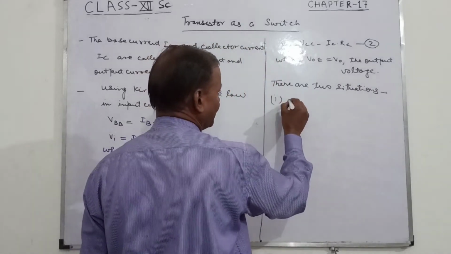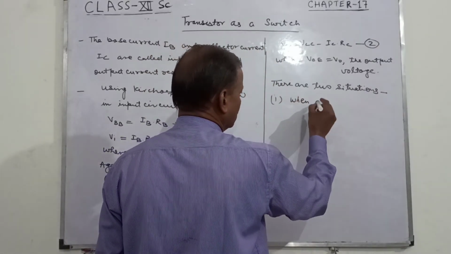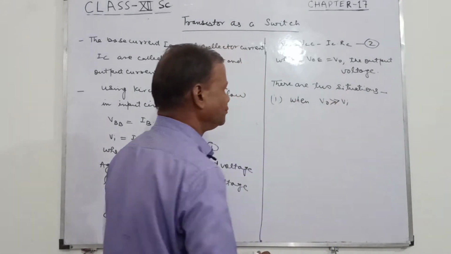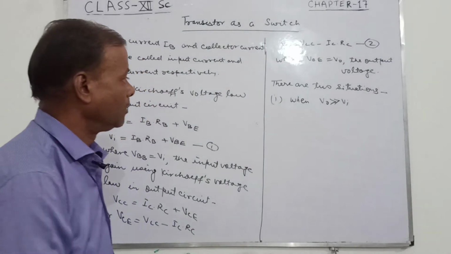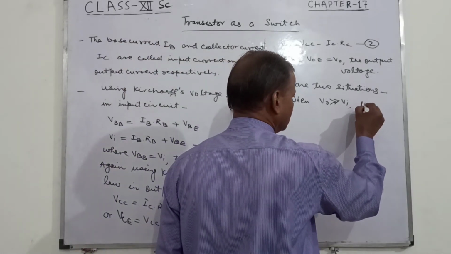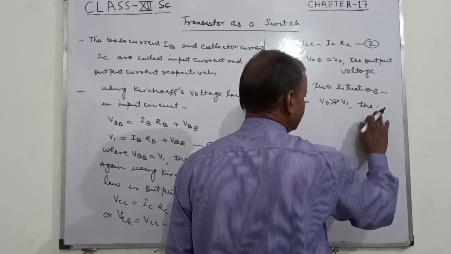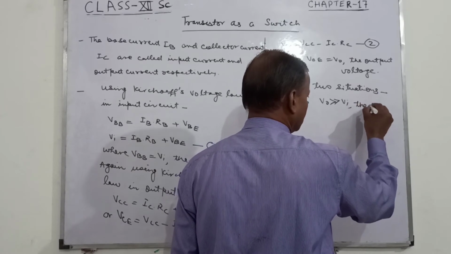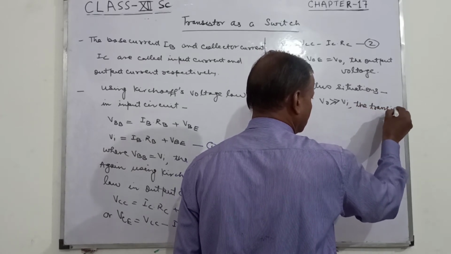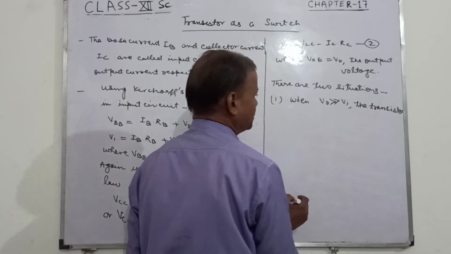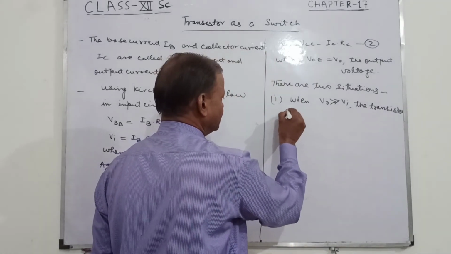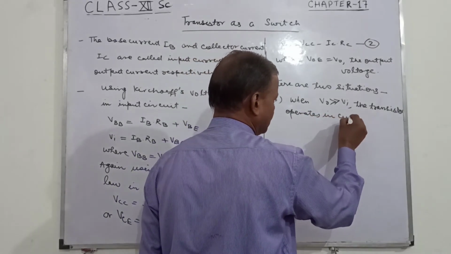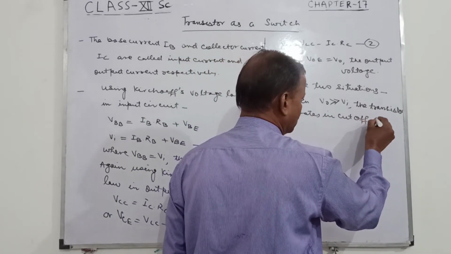Number one, when V naught is very much greater than Vi, the transistor operates in cutoff state.